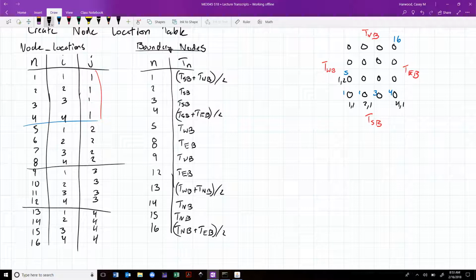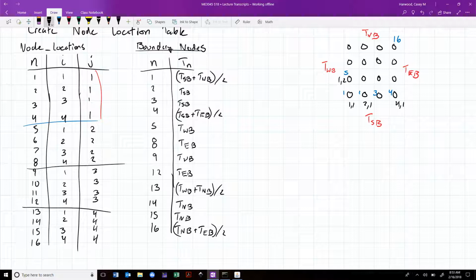What I would suggest doing for this is essentially to go through and do a loop that says if i equals 1, then assign it a value of whatever T west boundary is. If i equals whatever your nx value is, meaning it's at the far side, assign it a value of T east boundary.